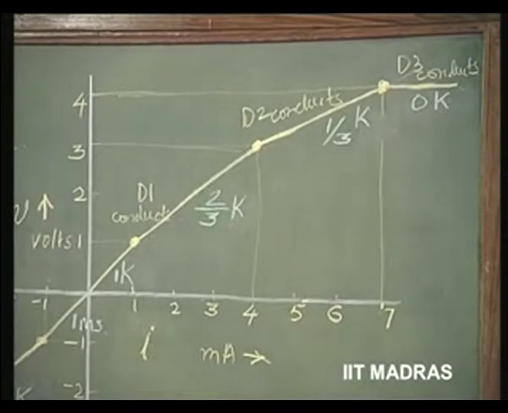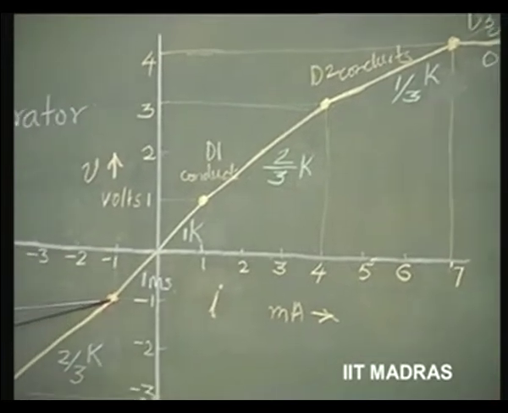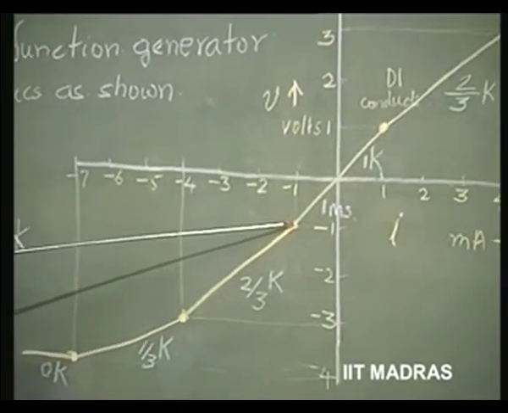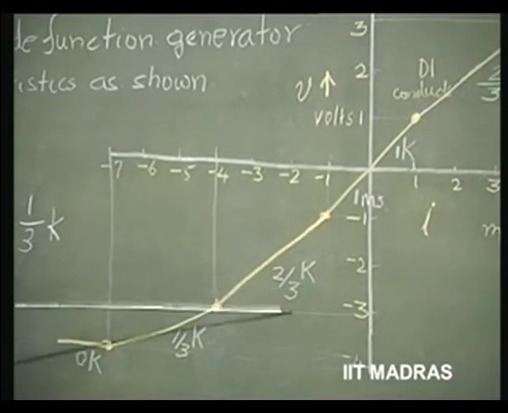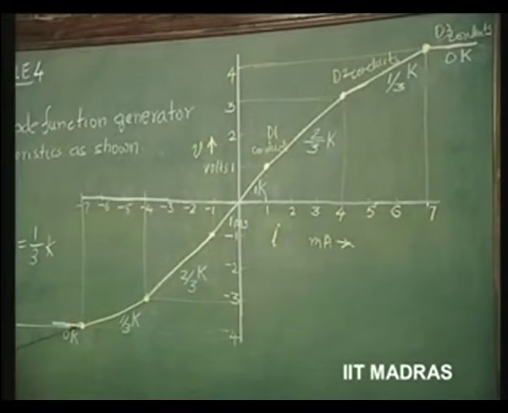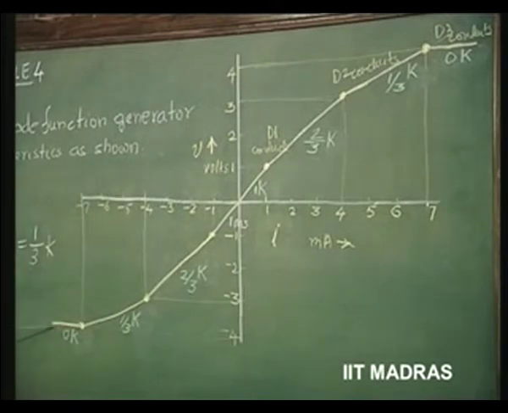Now, for the negative, it is the same story repeated, except that for 0 to minus 1 volt 1 k is there, and then minus 1 to minus 3 volts 2/3 k is there, and minus 3 to minus 4 volts 1/3 k is there, and above minus 4, that is more negative voltage, it is going to be 0 k.